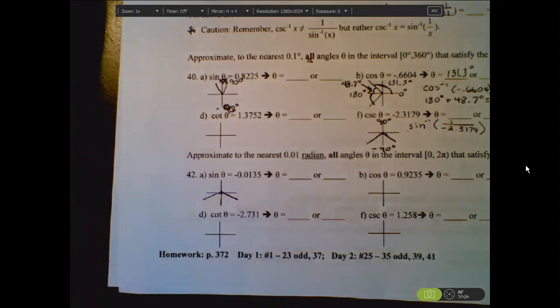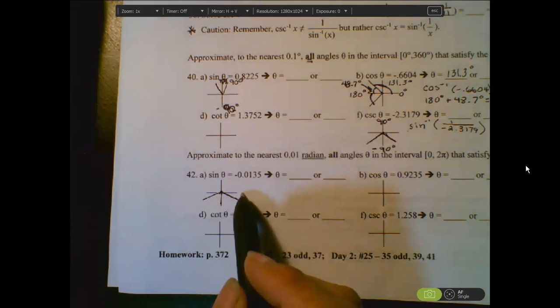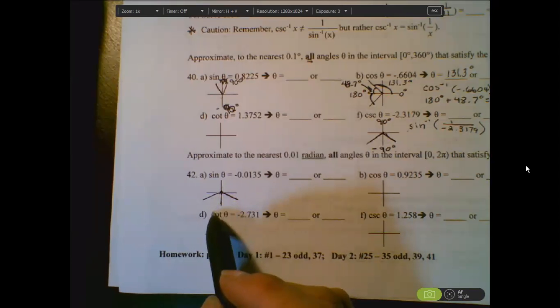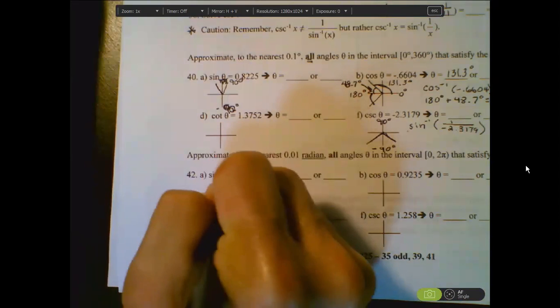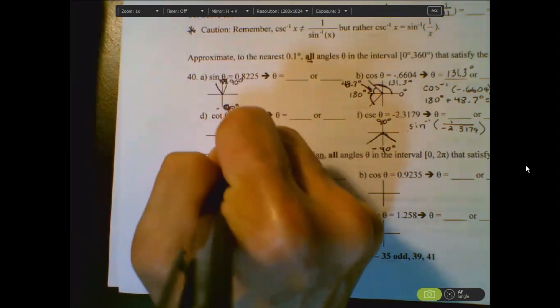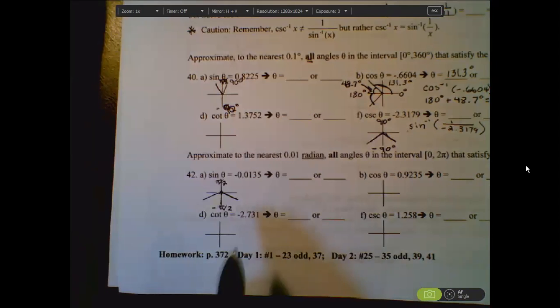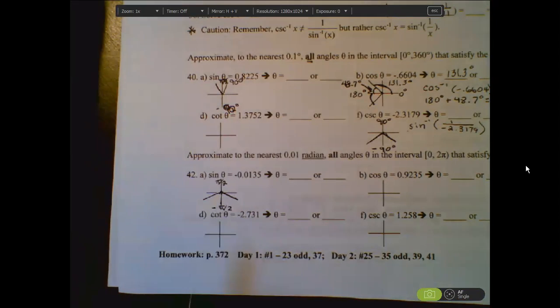Third quadrant or fourth quadrant angle? Fourth quadrant. It's not going to give me an answer between 3/2 pi and 2 pi, or between 3/2 pi and 0. It's going to give me from -pi/2 to +pi/2. So my calculator will give me this fourth quadrant angle between -pi/2 and 0.